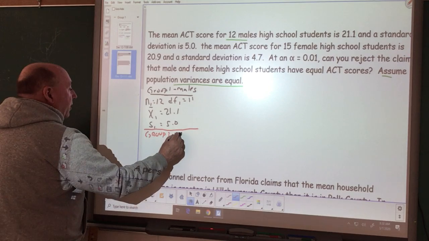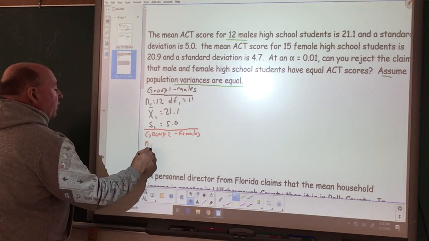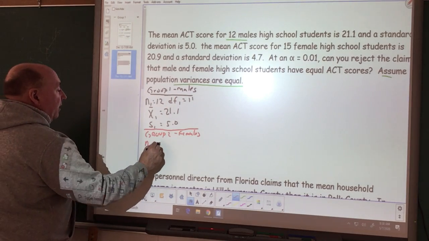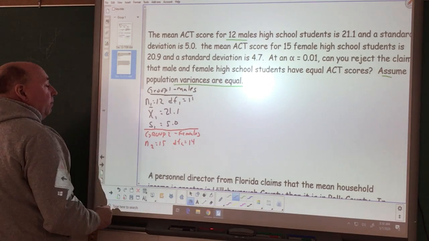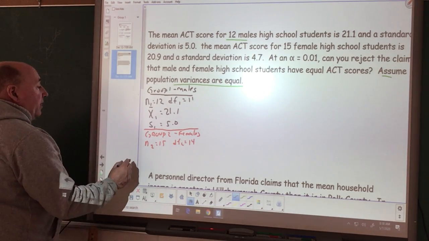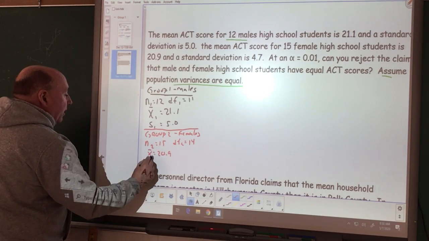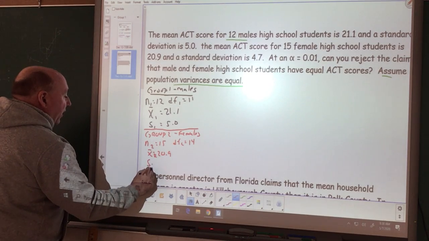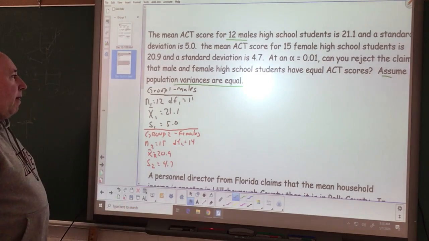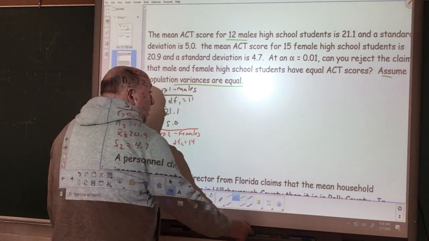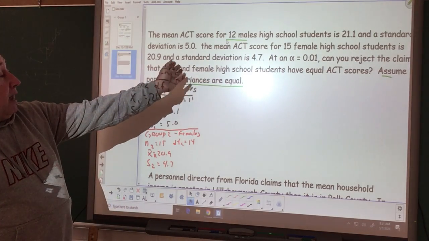Group 2, females, we have n2 is 15. Degree of freedom 2, that means that's 14. Their mean is 20.9, and their standard deviation is 4.7. Let's see. Can you reject the claim that males and females have equal scores?